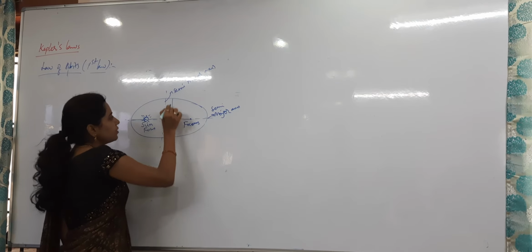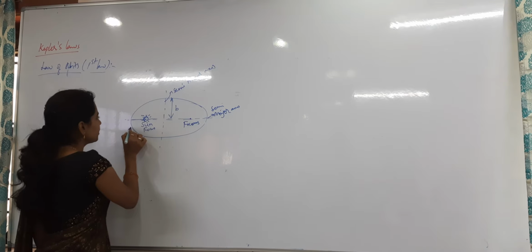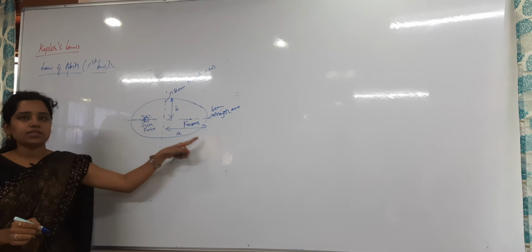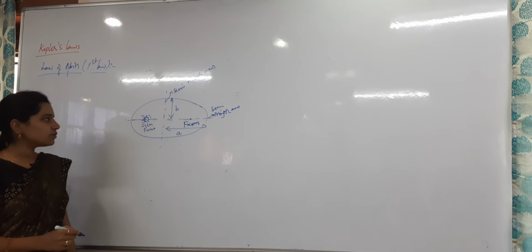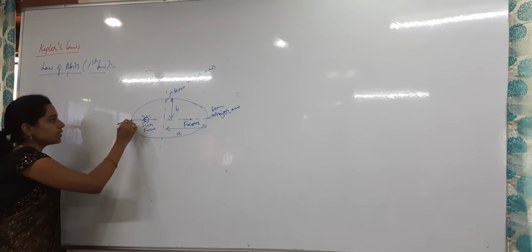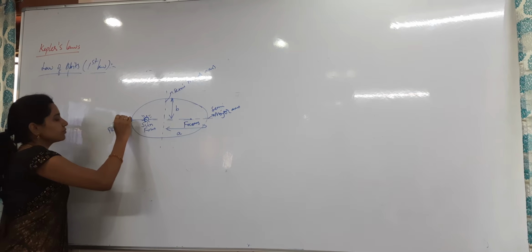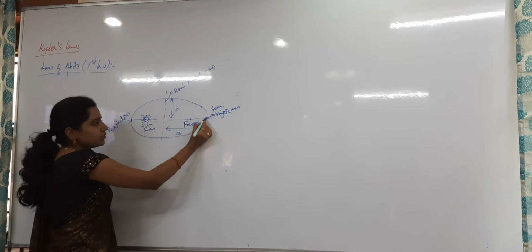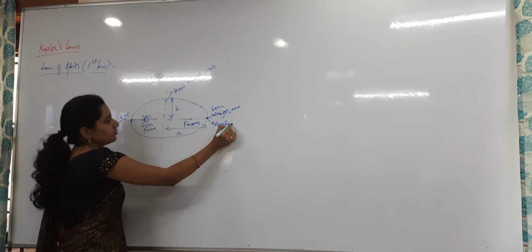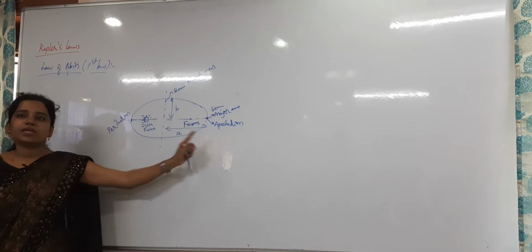We will take the radius of this axis as B, and the radius of this axis as A. Semi-major axis and semi-minor axis. And whenever you see the point nearest to the sun, we call it perihelion, and the point opposite to the sun is called aphelion. Near the sun is perihelion, the other is aphelion.